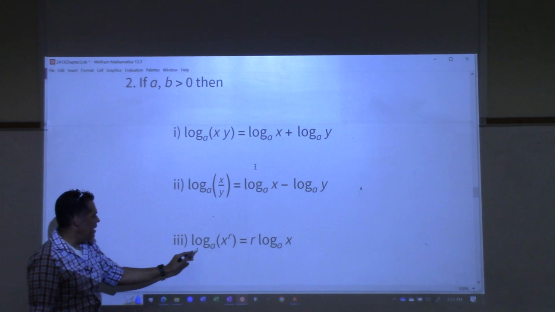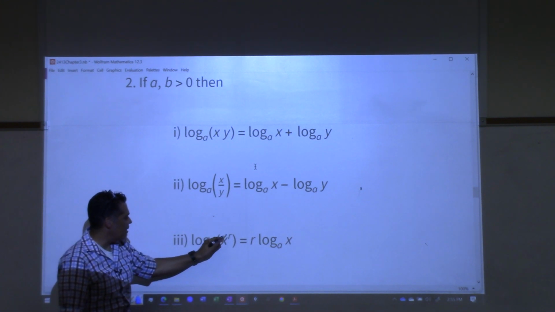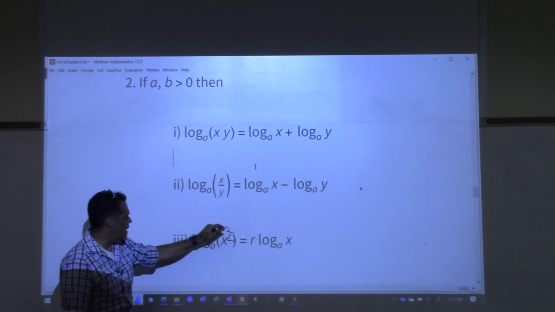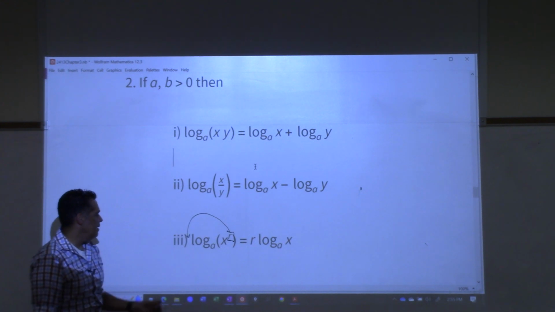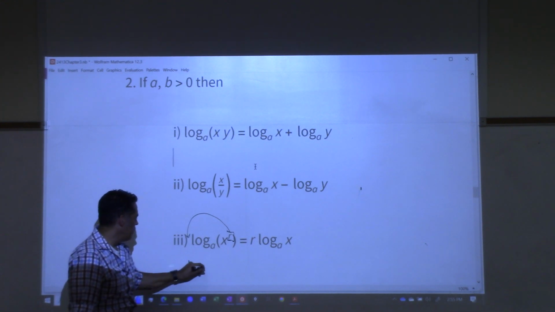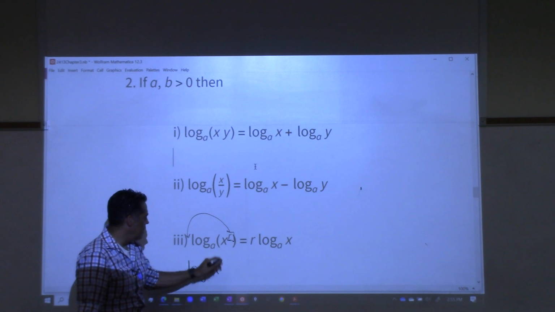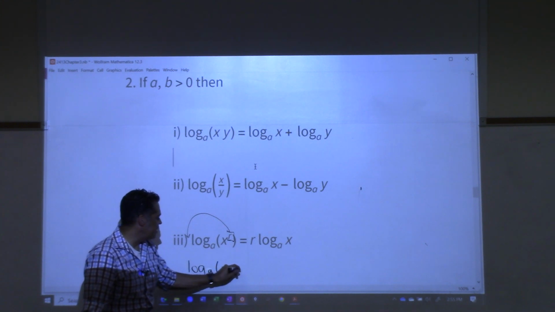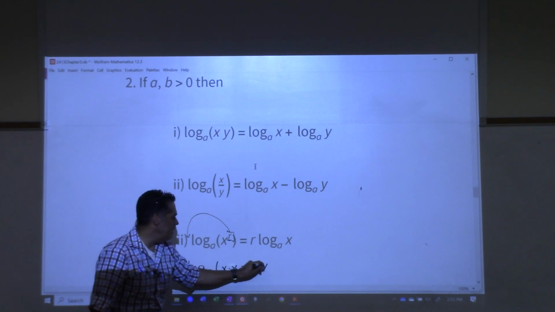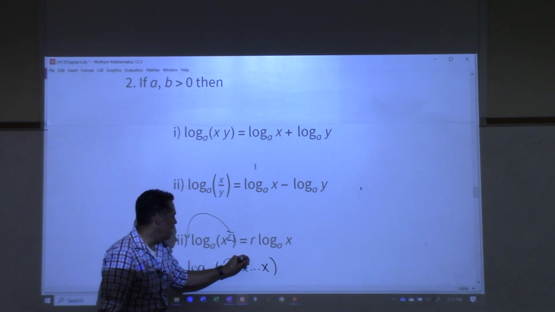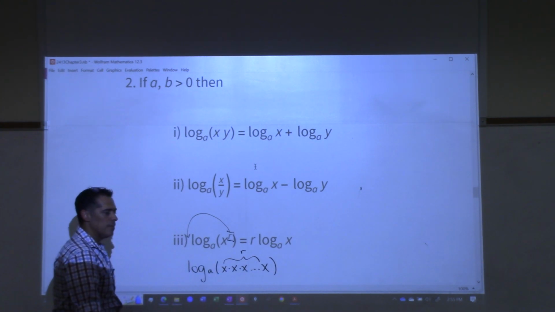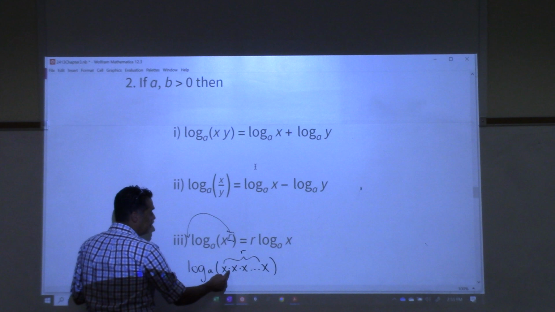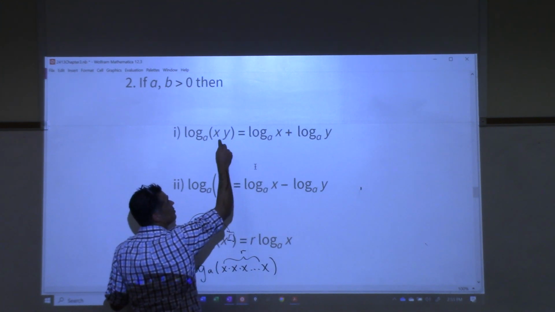It says that if you have log base a of something to a power, that power can come out front. And there's a simple way to prove this one. If I write x to the r, that's x times x times x, r times that I'm multiplying them. And every time you have multiplication, it becomes addition, according to this, right?